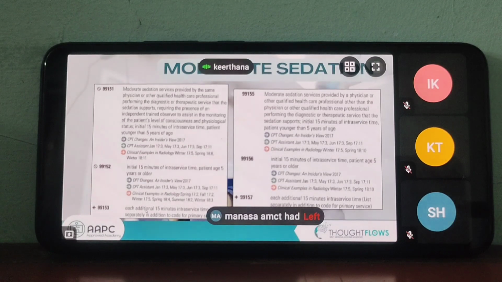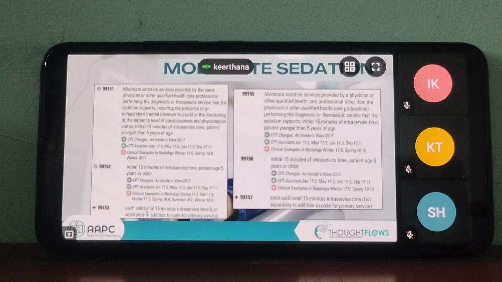Based on that, in these concepts itself you will have a minimum of 3 to 4 questions in the examinations. Once again, I'm repeating: vaccination, dialysis, psychotherapy, moderate sedation, and then IV push, hydration, infusion.